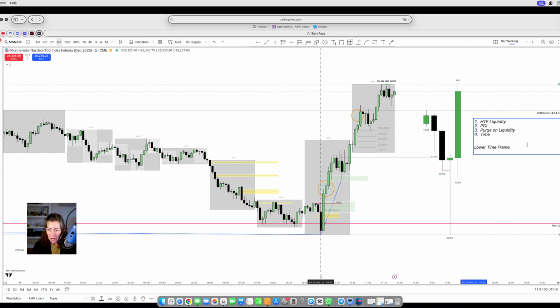Now we're going to move down into a lower time frame, and what are we going to look for? Let's write down what we're going to look for, and then we're going to move into the smaller time frame so you can look at it with me. First thing we're going to look for is the purge. Then we want to see displacement back into the range.